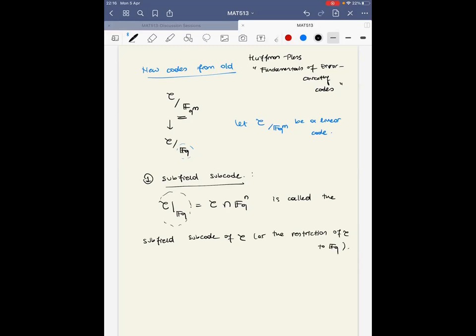And indeed, we can also observe that its minimum distance in this case cannot be less than the minimum distance of C, and its dimension can be at most the dimension of C.